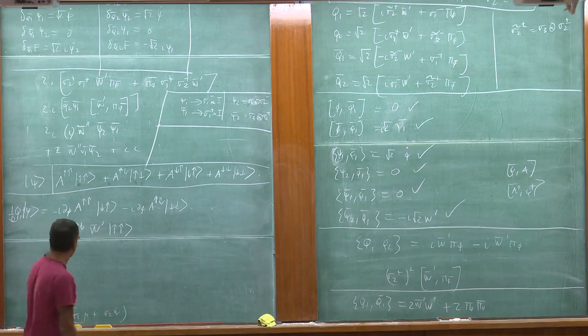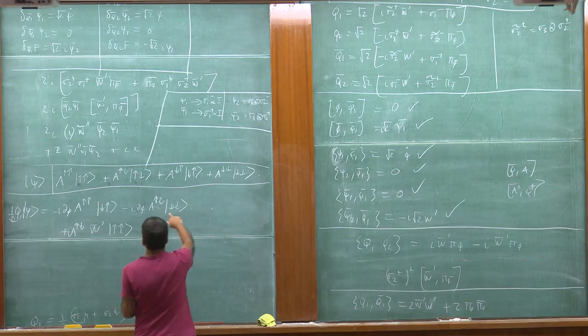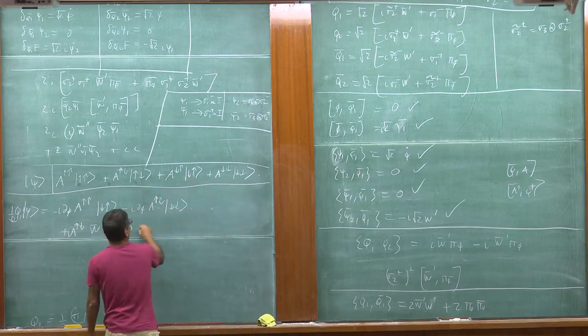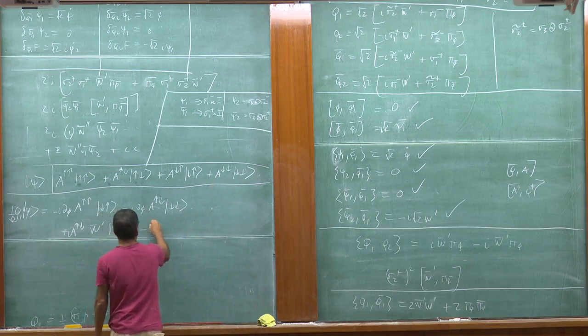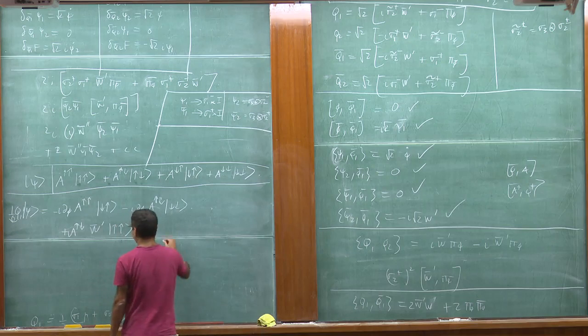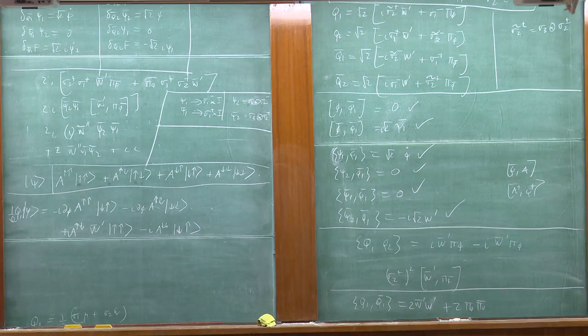Right? Now the next, it also acts on this guy. But there we will get it with a minus, because this was down. So we'll get minus A down, down, and then up, W bar prime.